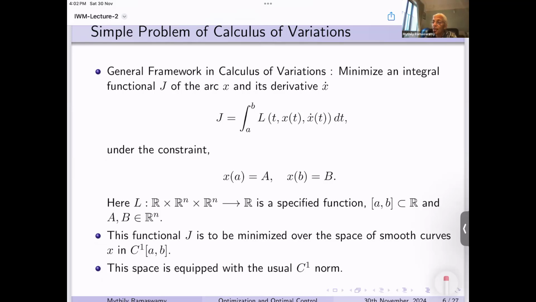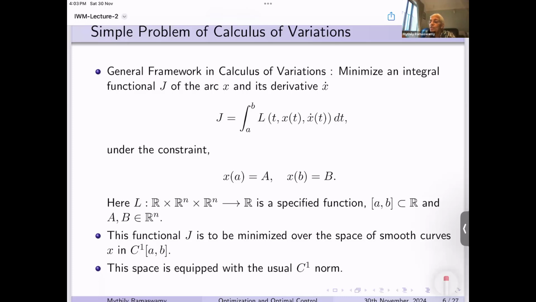So this L from R cross Rn cross Rn to R is also a specified function, and [a, b] is an interval in the real line, and the capital A and capital B are the given endpoints. My curve, I'm assuming it to be from the real line to Rn. So A and B, the starting point and terminal point, are some given points in Rn.